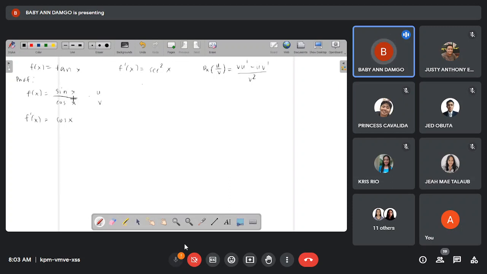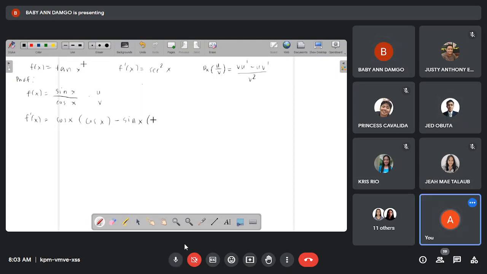u prime. So, derivative of sine x. Ang derivative sa sine x class? Cosine x. Cosine x minus your sine x. Ang derivative sa cosine x? Students. Negative sine x. Okay. Minus sine x all over cosine squared x. Okay? So, simplify.